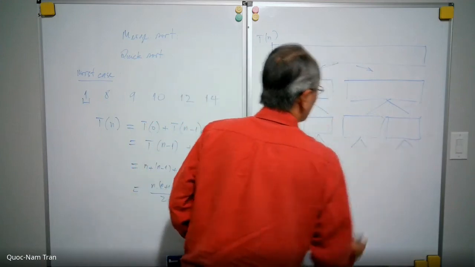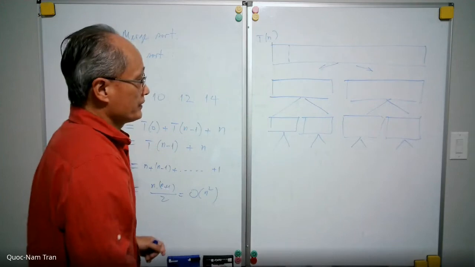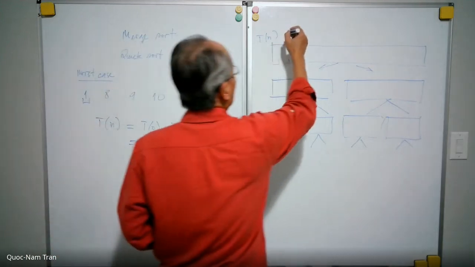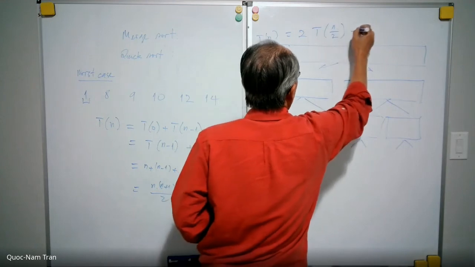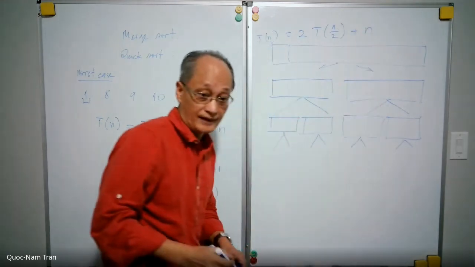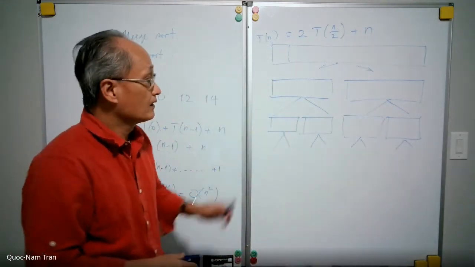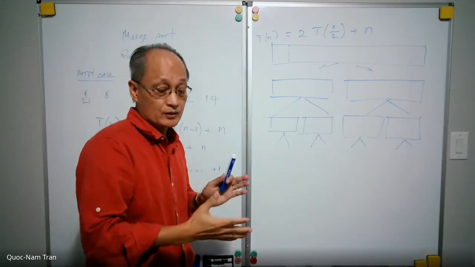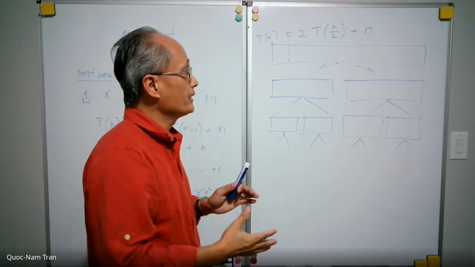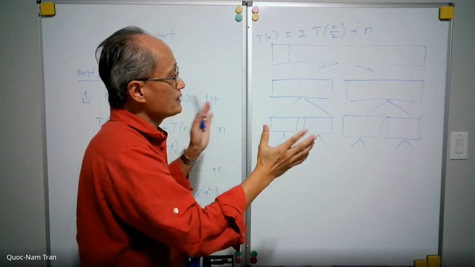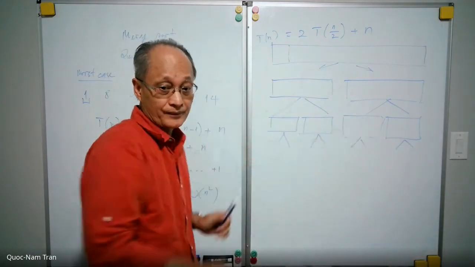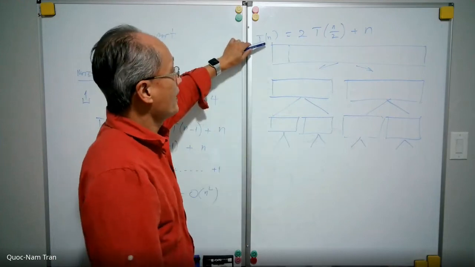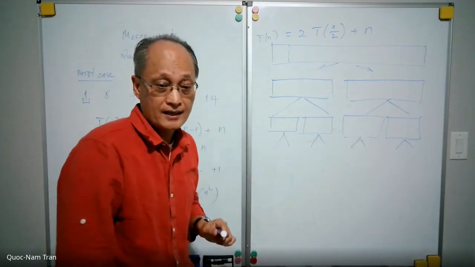So in that situation, Tn is 2 times T of n over 2 plus n. That is the best case situation for quicksort, meaning that we partition the list and then we have a balanced tree.